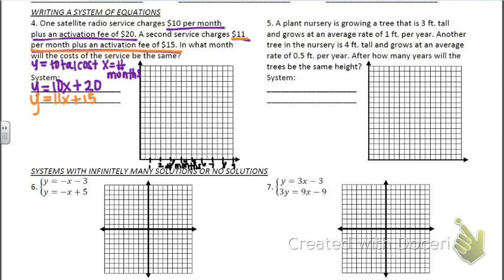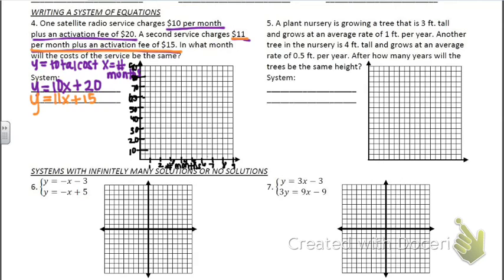So I am going, let me see. I'm going to let every mark be 5. So I'm just going to mark every 10. So that's 10, 20, 30, 40, 50, 60, 70, 80, 90, and then I forgot to do something.